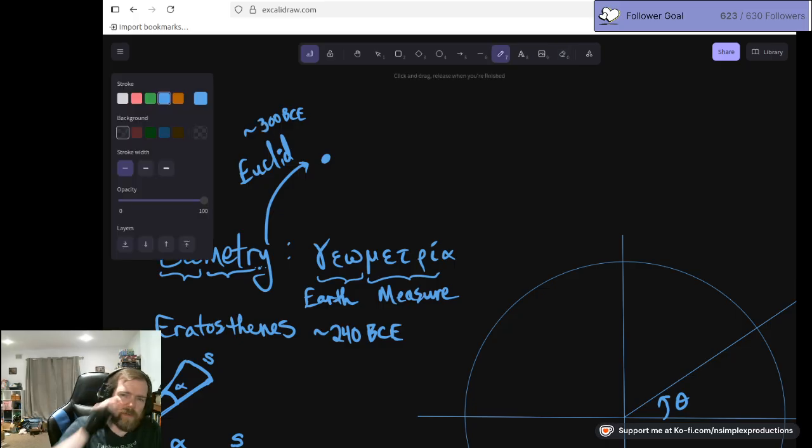So Euclid was about 300 BCE, so roughly speaking 2300 years ago. And Euclid was all about formalization of mathematics and geometry in particular. He started out with, you know, what are all the definitions of things we're allowed to use, and then we'll expand upon that as we go. And so we start out with just individual points, which are locations in space.